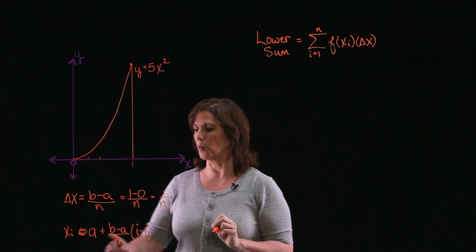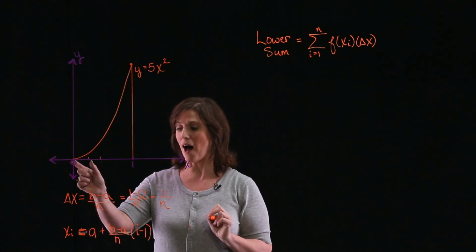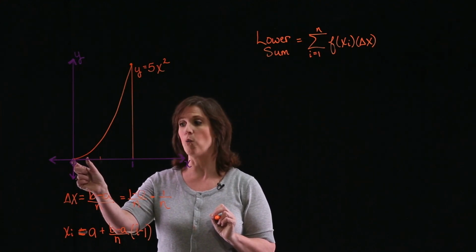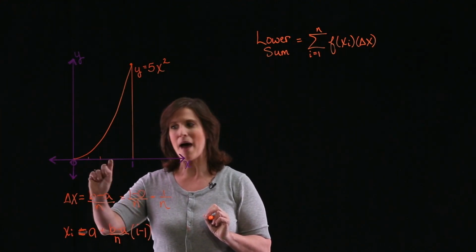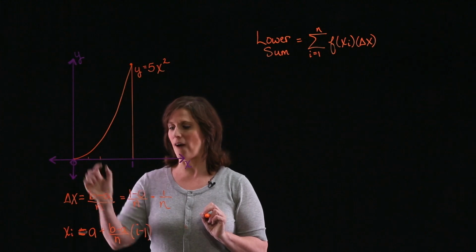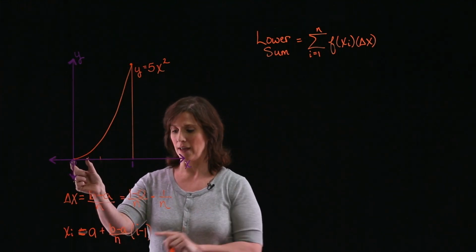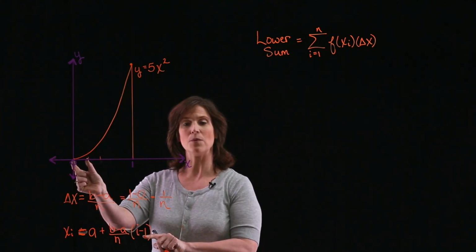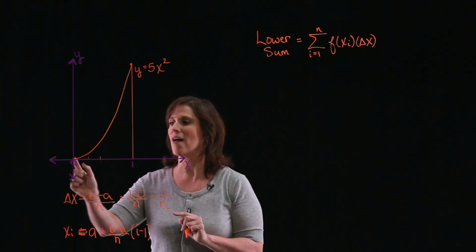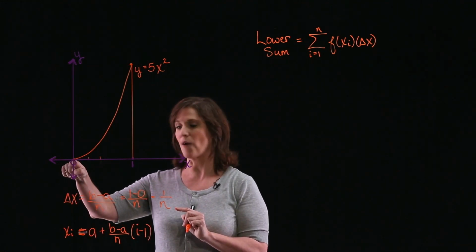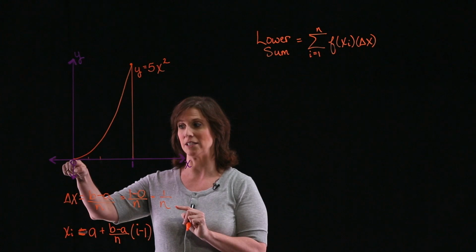So what does that do? It starts me out at the initial spot and tells me to move a width, but I have to back off 1. So if I'm on my first rectangle, notice 1 minus 1 is 0. I'm not moving any widths at all. That puts my left endpoint right at the initial starting position.